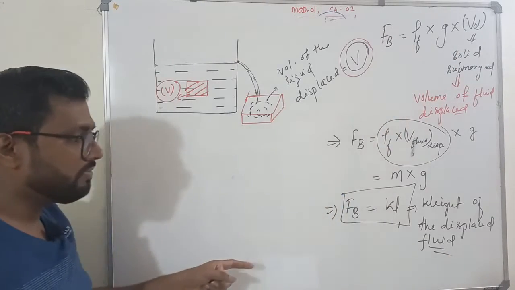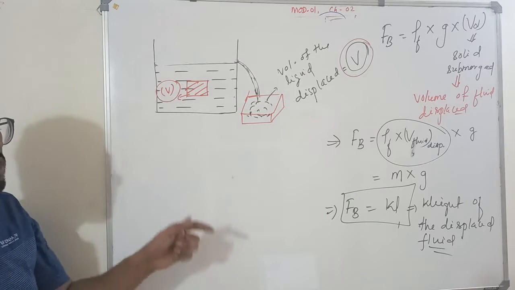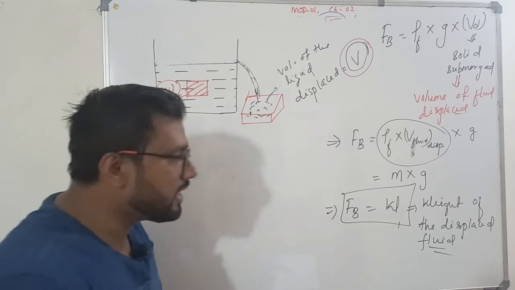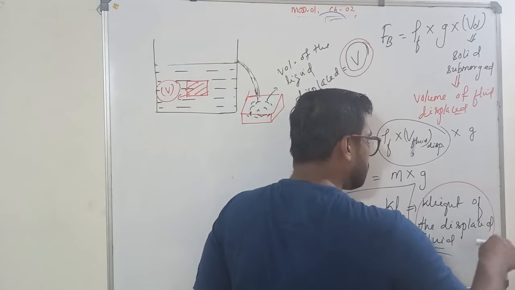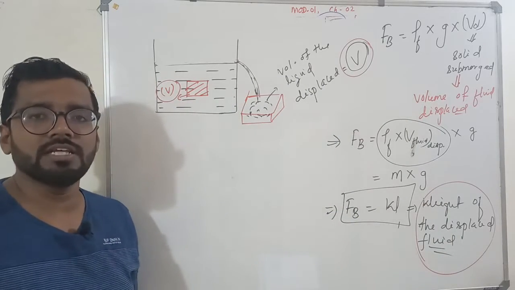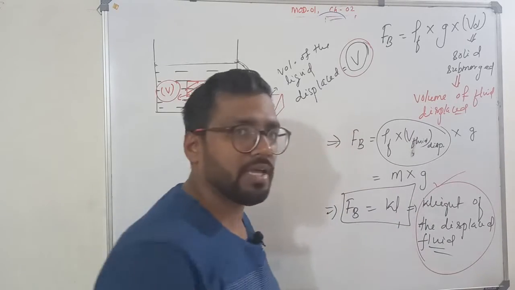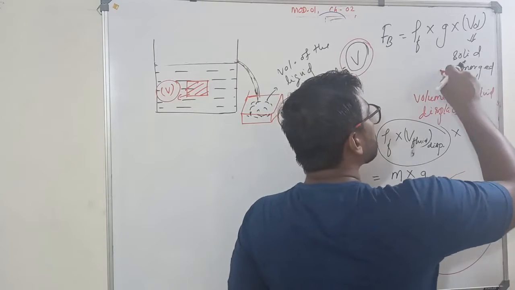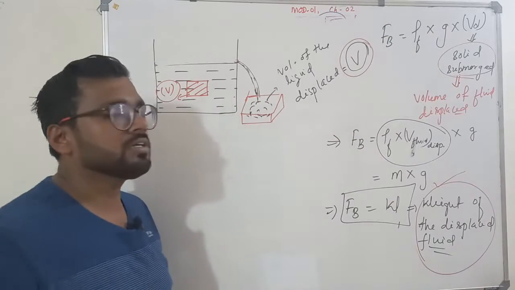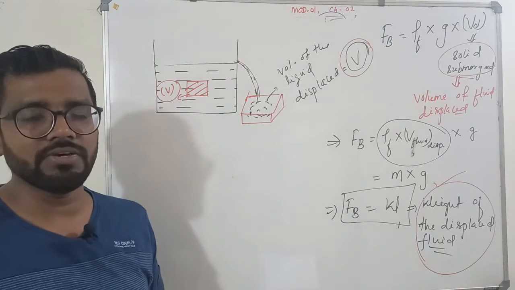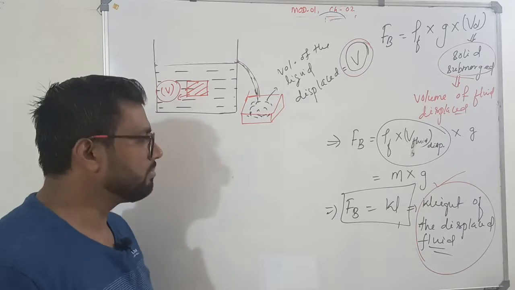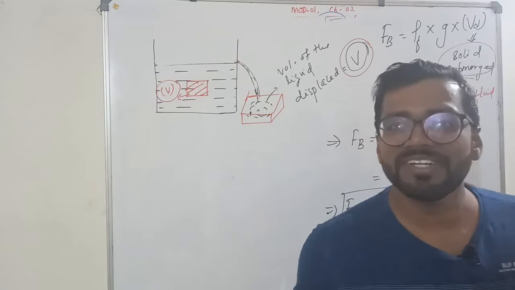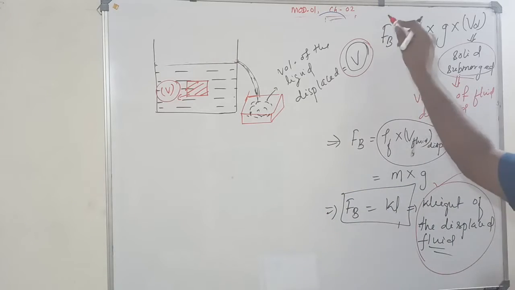So the buoyancy force acting on a body which is fully or partially submerged in a fluid is nothing but the weight of the liquid displaced, and the volume of the fluid displaced is nothing but the volume of the solid submerged inside the liquid. Immersed, submerged, liquid, displaced, this is your buoyancy. So you note it down.